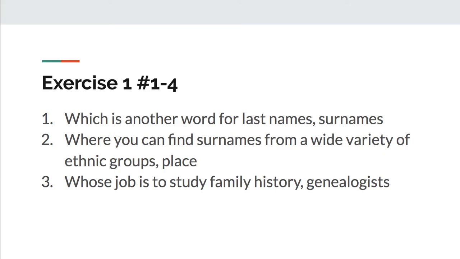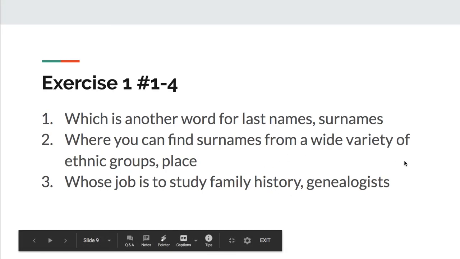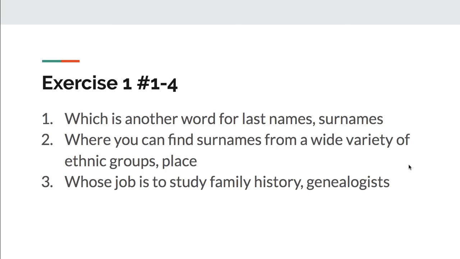Genealogists, whose job is to study family history, can also supply information about last names. So, whose job is to study family history is referring to the genealogists. It's describing them. And number 4, genealogy is a study that interests me. That interests me is describing the word study.